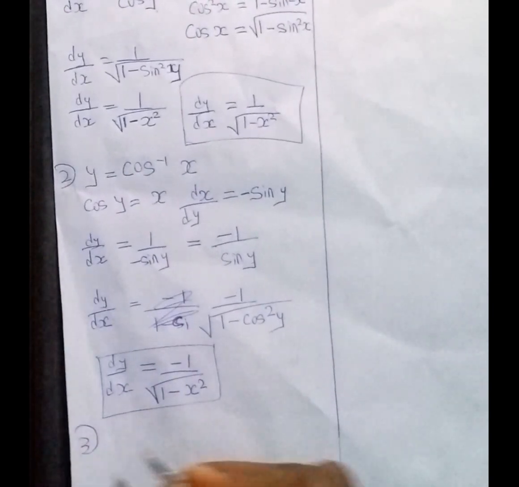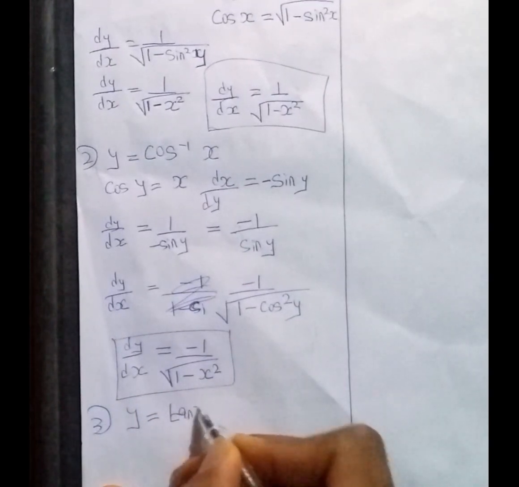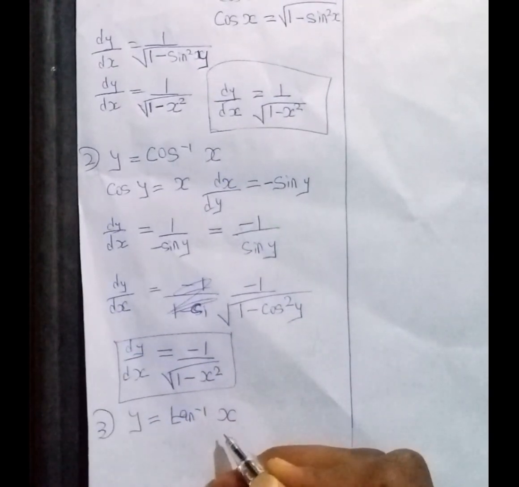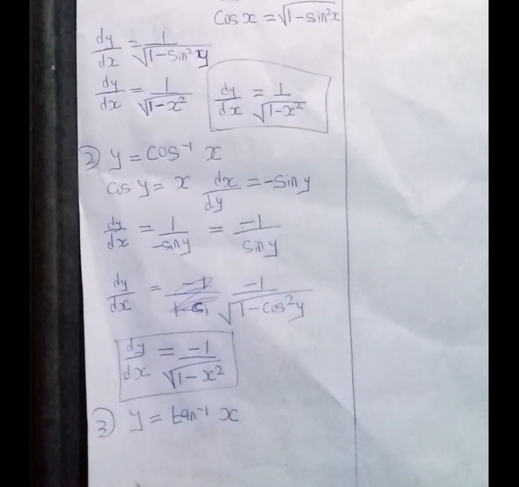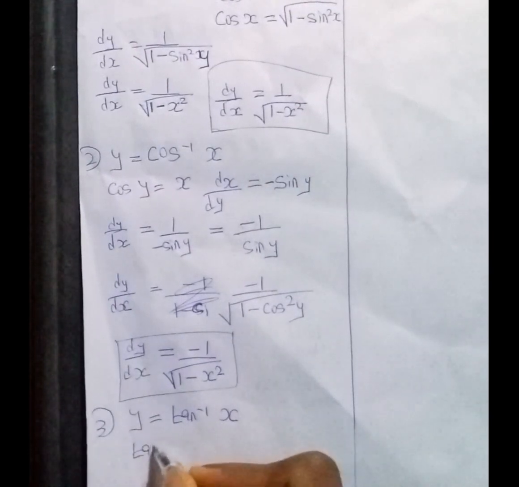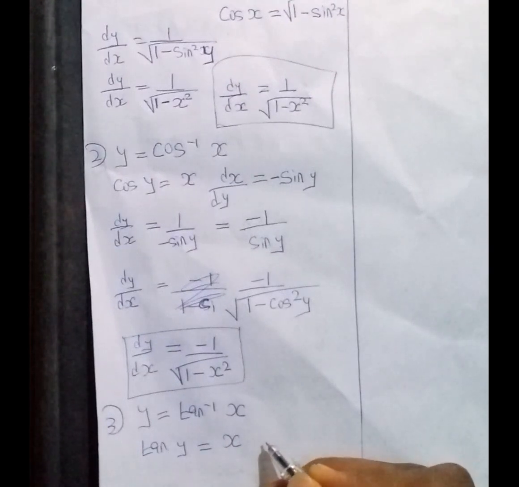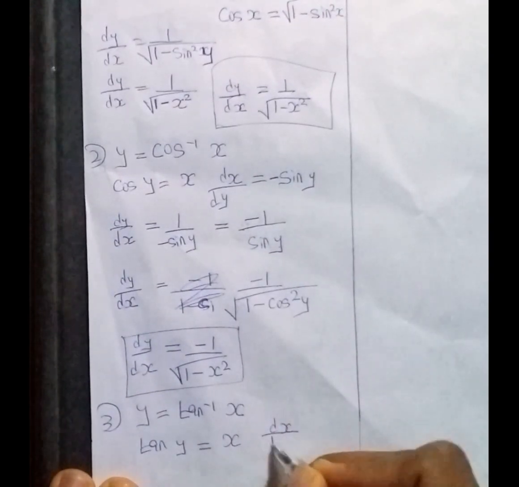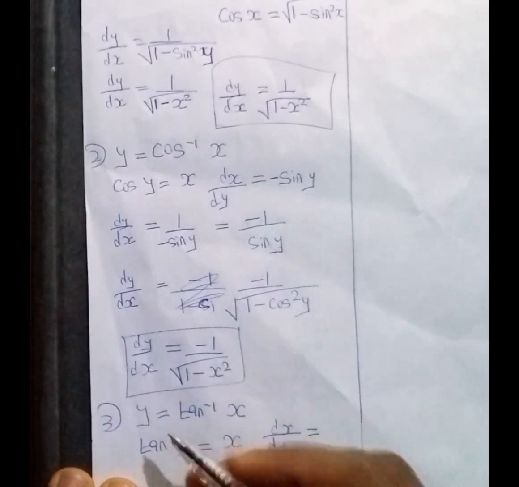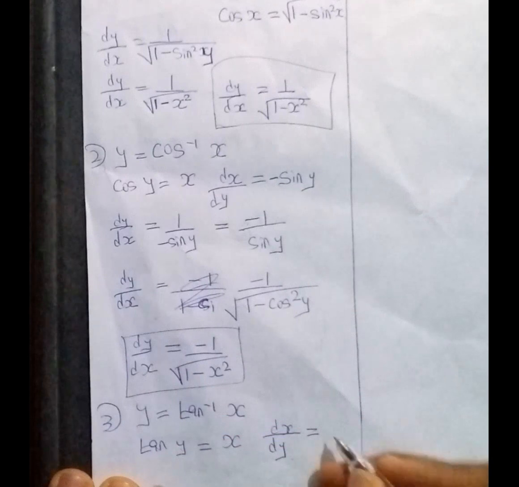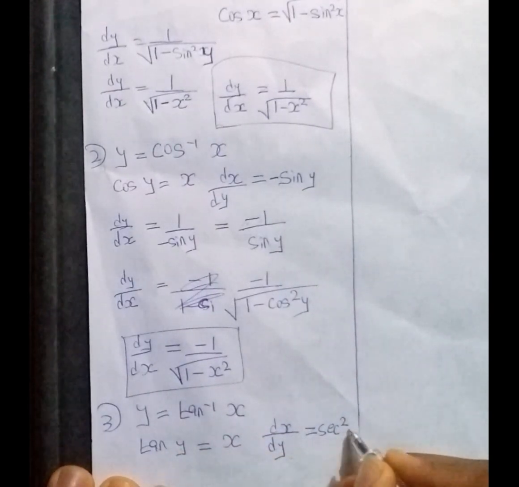So the third one is y equals tan inverse of x. Taking the same procedure, you have that tan y equals x, and dx/dy, if we differentiate tan y, we have sec squared y.